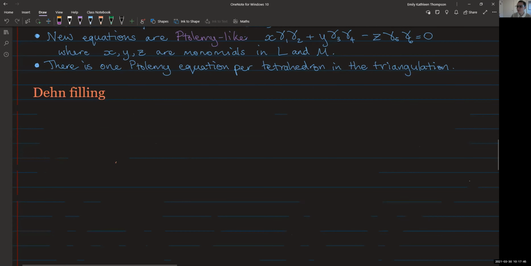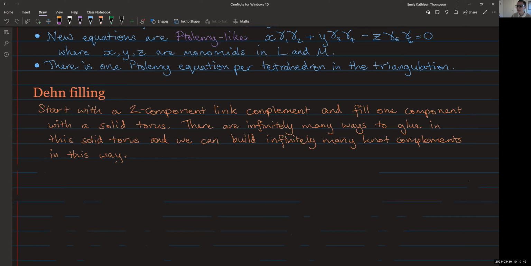Okay, so I'm not going to assume that everyone knows what Dehn filling is, but I'm going to give a reasonably broad, maybe slightly inaccurate explanation of what Dehn filling is, but anything that I'm covering up is just because we don't need the specifics in this situation.